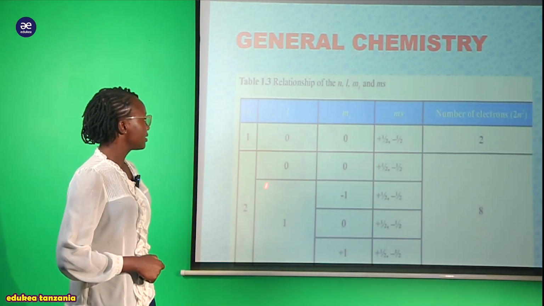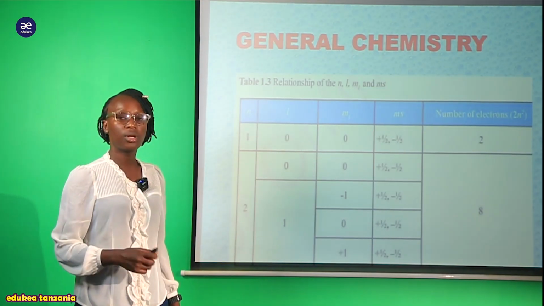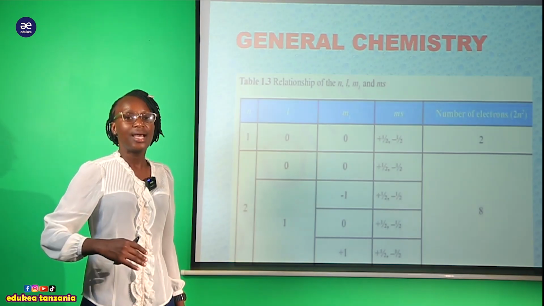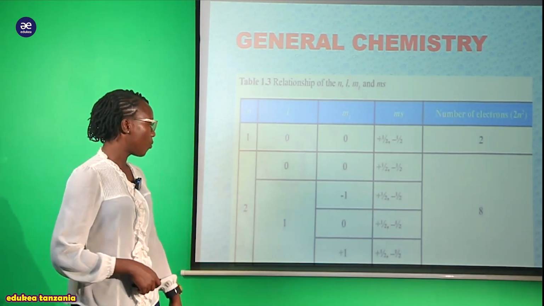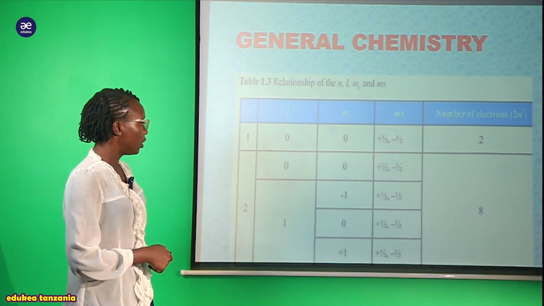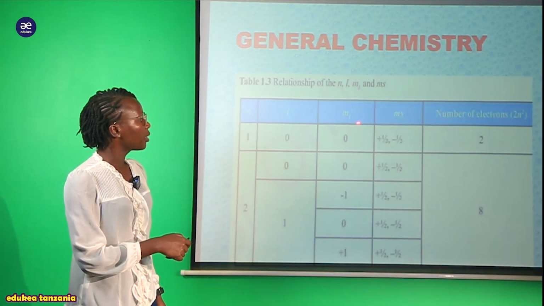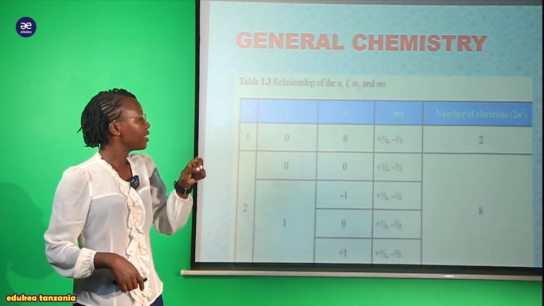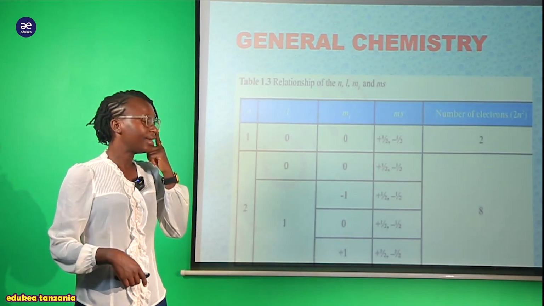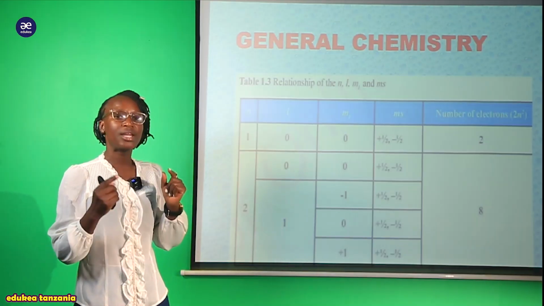Now when we come to n equal to 2, this will be different. So you can see that the number of L will start from 0, then we will come to 1. So L will be 0, 1. But when we come to ML, we said that its value starts from what? From negative. It includes negative.